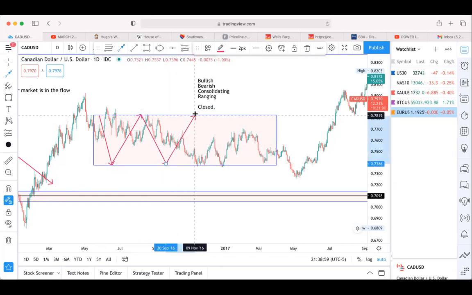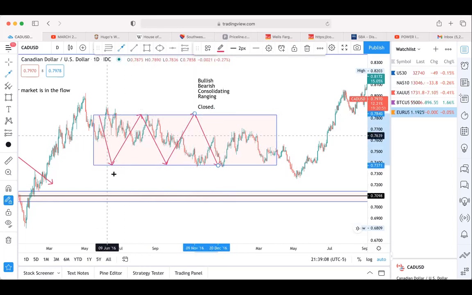It needs to keep on doing this for me to call it a ranging market. Do you guys get that? Yeah. Now you see, it's not going from here all the way down. Though it's not doing this, it's not ranging to me.